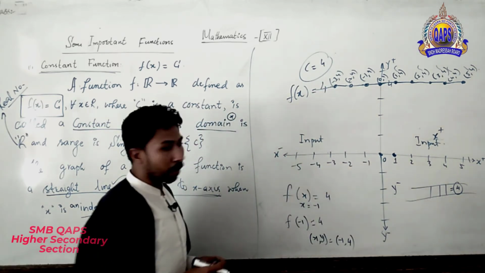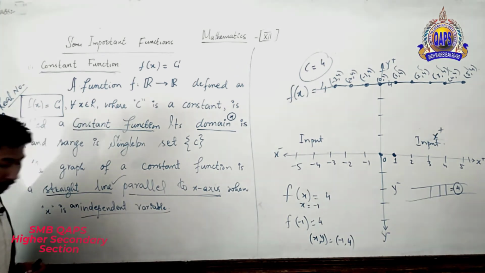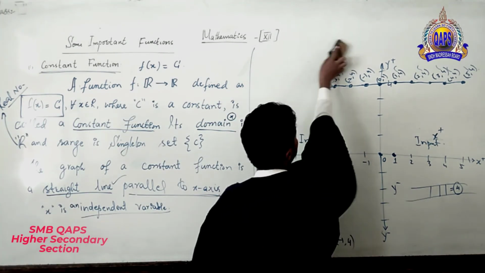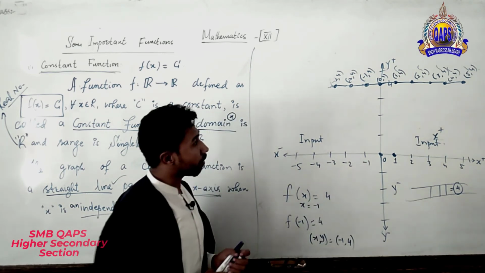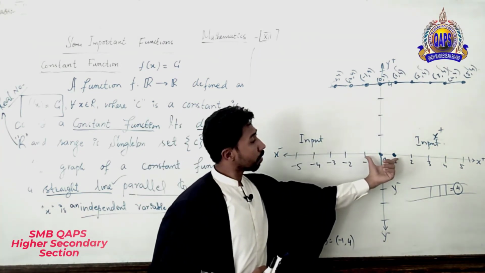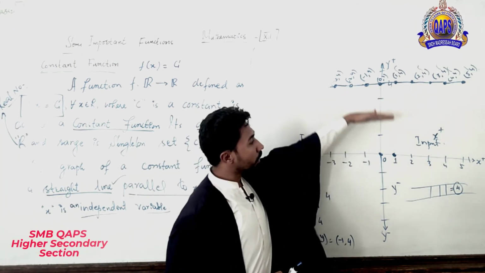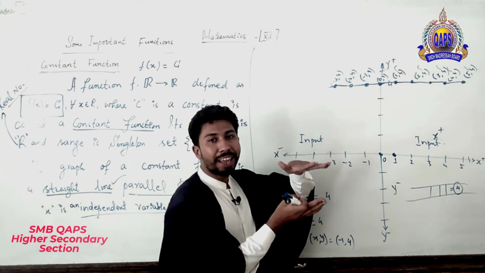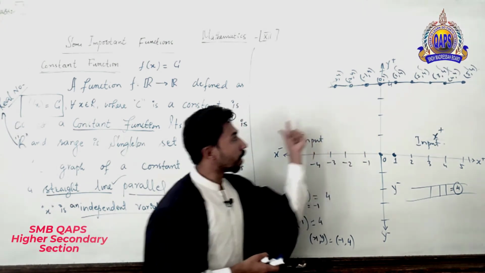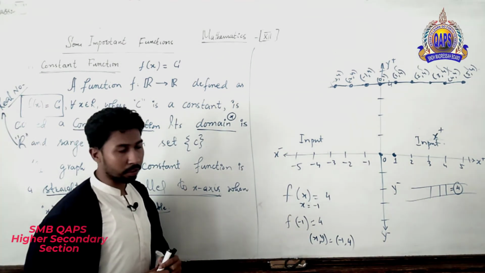So this graph represents a straight line, because this line is also parallel to the x-axis line. So this is the example of the constant function, and you can say that this is the graph of the constant function.